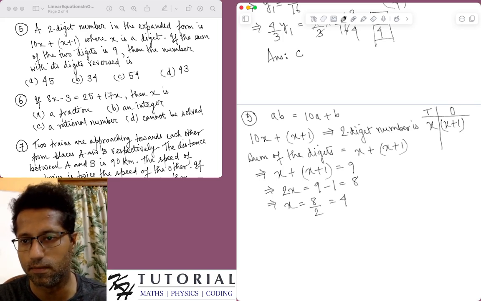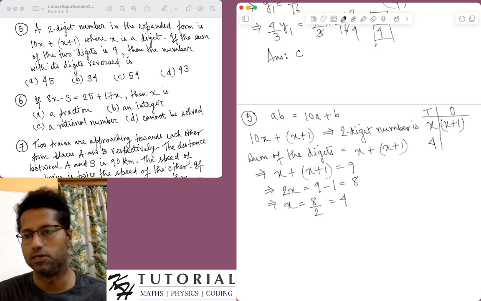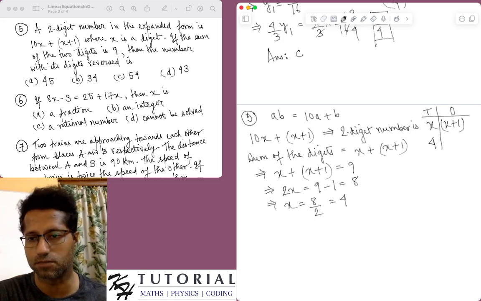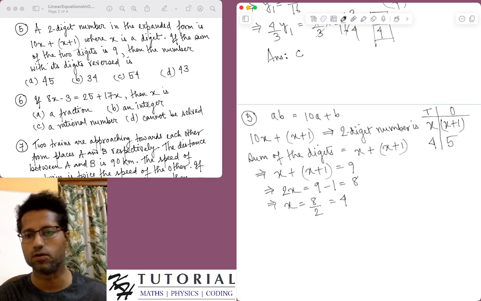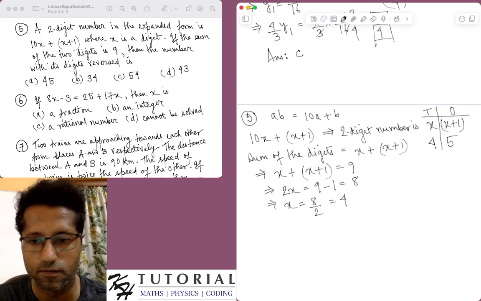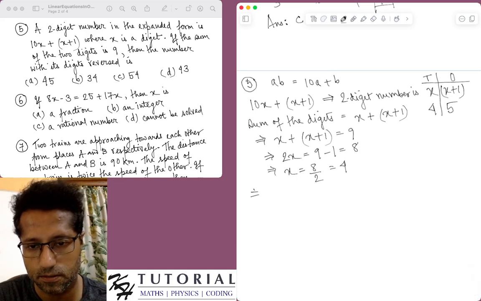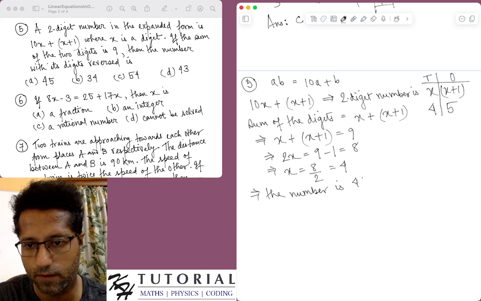So x is 4, so the digit in the ones place is x plus 1, that is 5, so the number is actually 45. Now it's asking for the number with its digits reversed. So the number is 45.